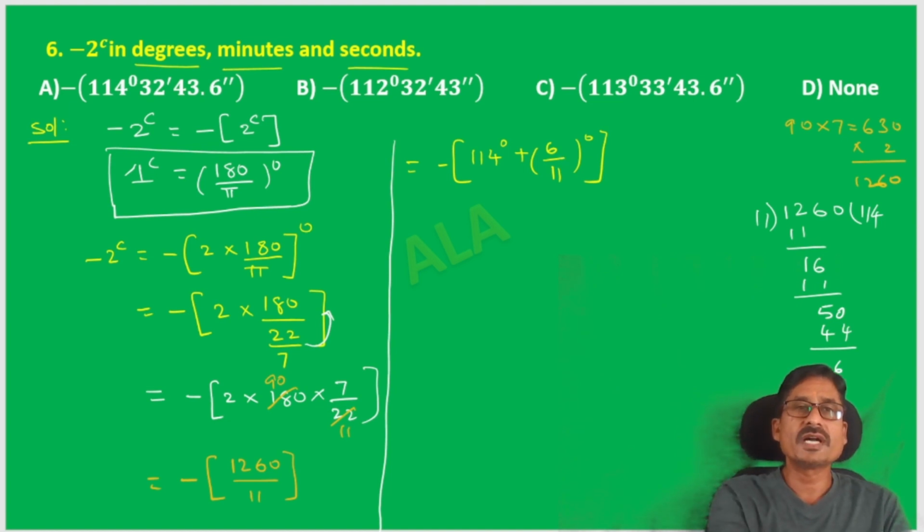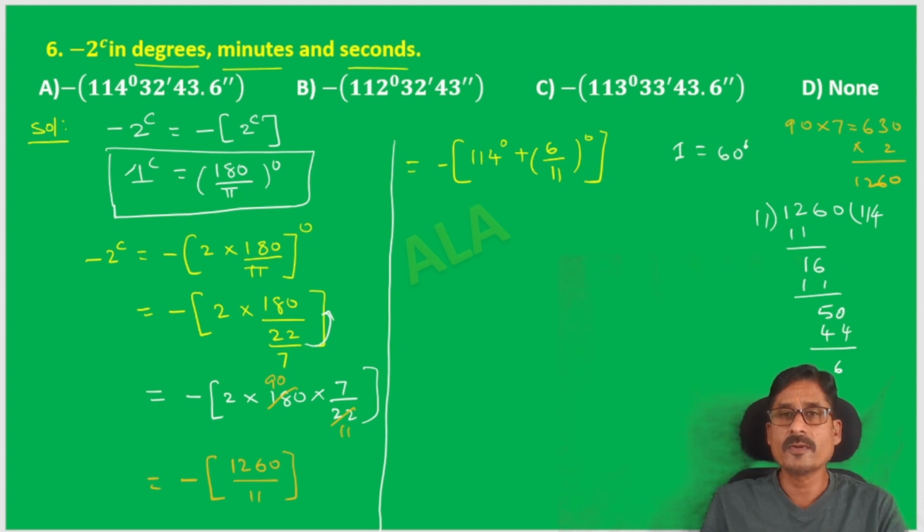Now these degrees we convert into minutes. So 1 degree is equal to how many minutes? 1 degree is equal to 60 minutes. So that 6 by 11 degrees multiplied by 60 minutes. Then that is minus of 114 degrees plus 6 by 11 into 60 minutes.